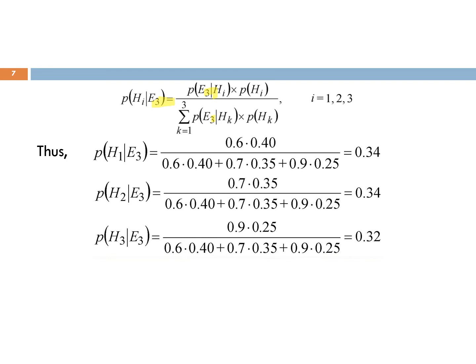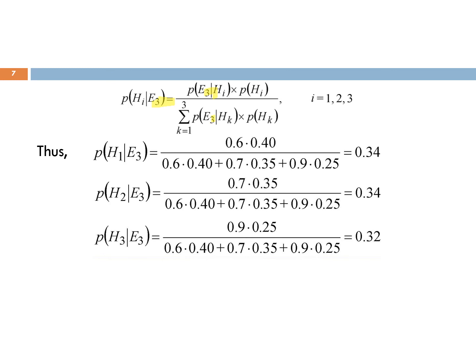If we look back, if we observe evidence 3, hypothesis 1 is 0.34, whereas without the evidence the hypothesis 1 probability is 0.4.